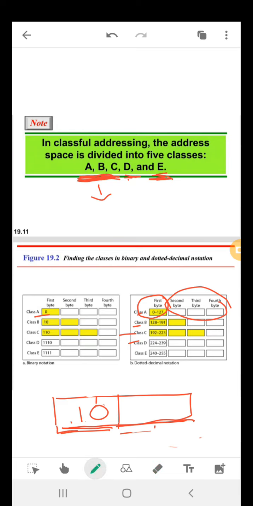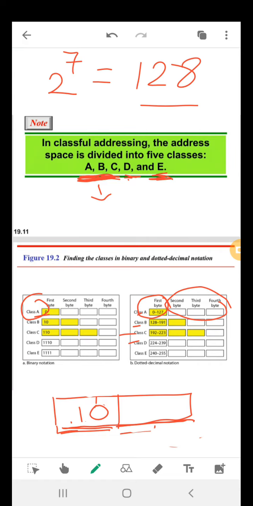So if we use class A IP addresses, they can be assigned to a maximum of 128 different networks.